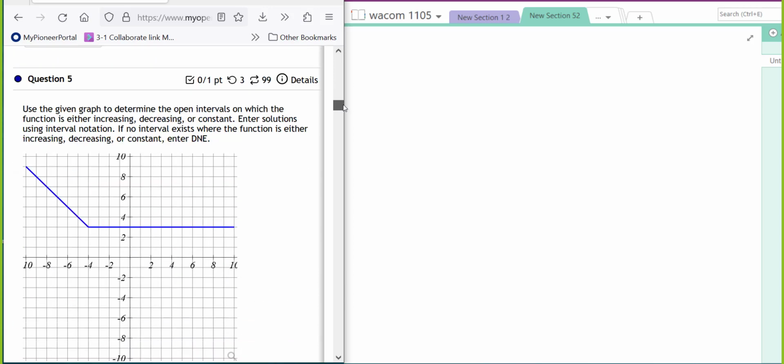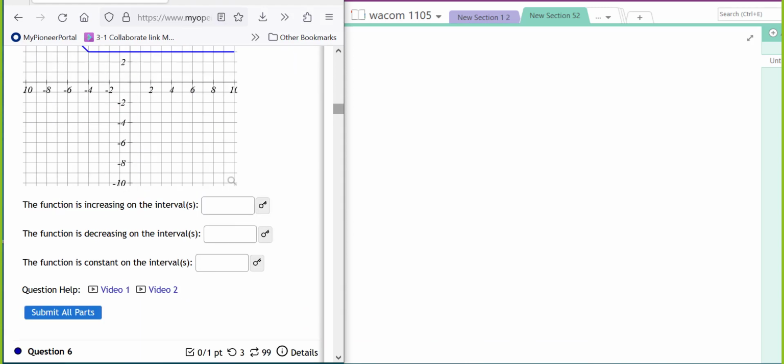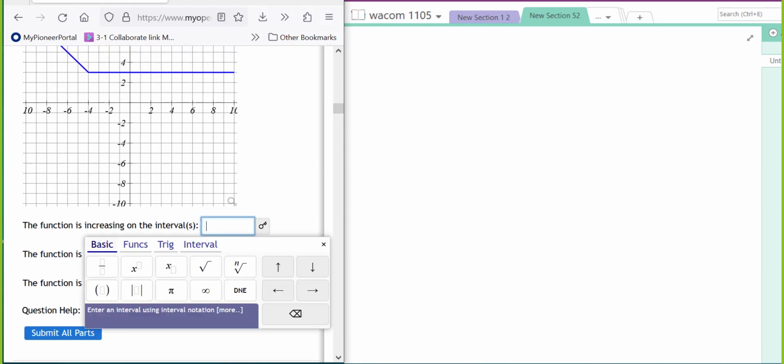All right, and I also picked 5 because this one does have a constant area, so we could see all. It has a decreasing section over here from negative infinity to -4. It's decreasing, and then it's constant from -4 to infinity. It is never increasing.